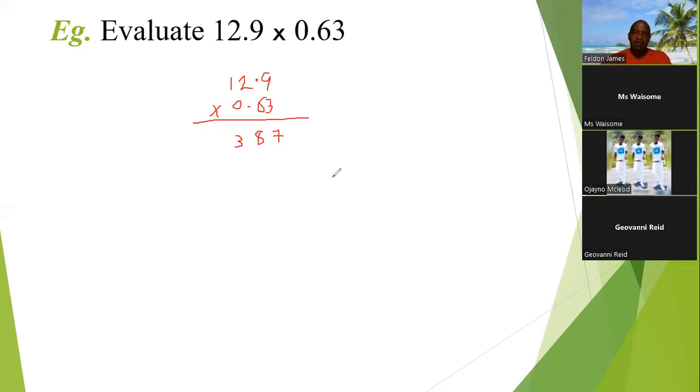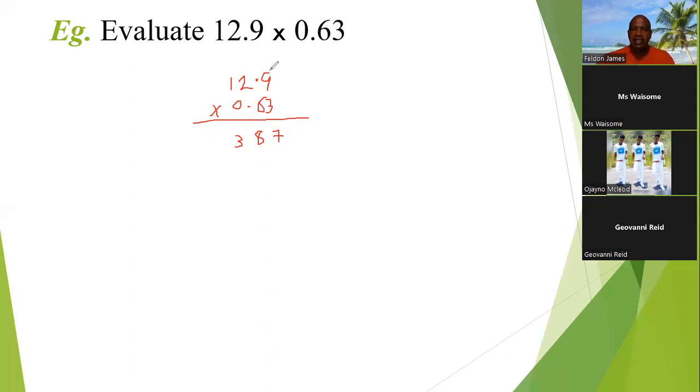All right, so after we use that 3 down here, next we're going to use the 6. Now, the 6 is in the second place value position, going to the left. So it means that multiplying by the 6, we will have to put the numbers under the second place value.